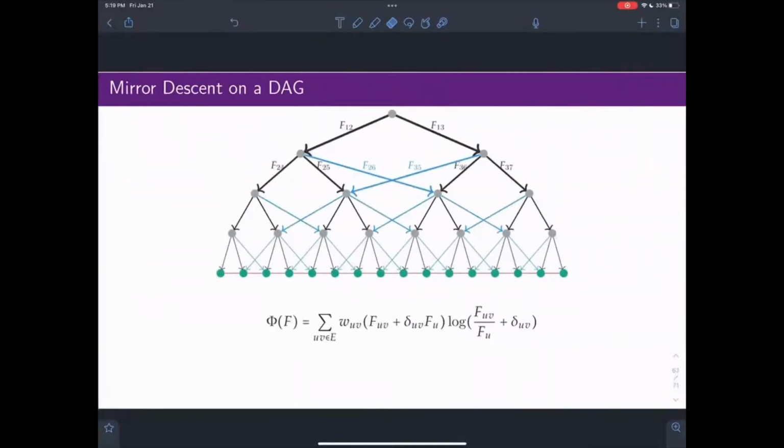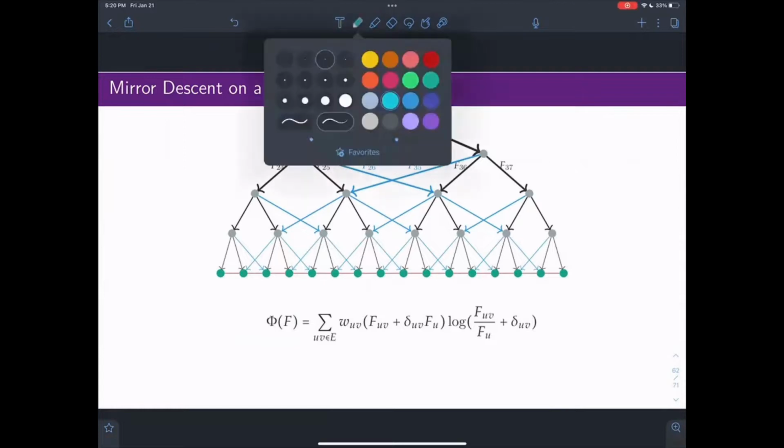What we do next is we define this regularizer, which is similar to the previous one, a multi-scale entropic regularizer. And we can define it in the same way.